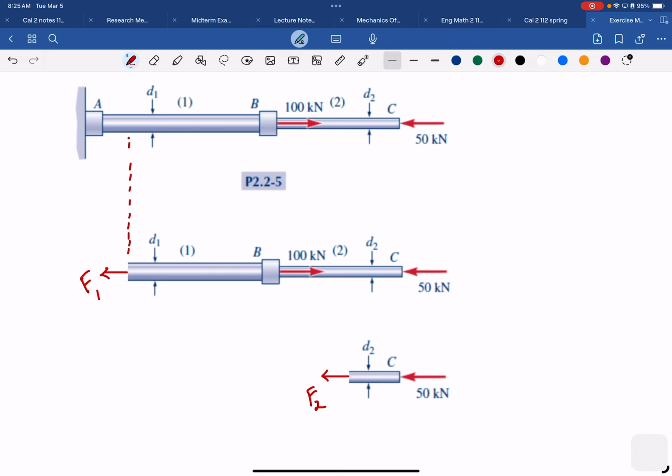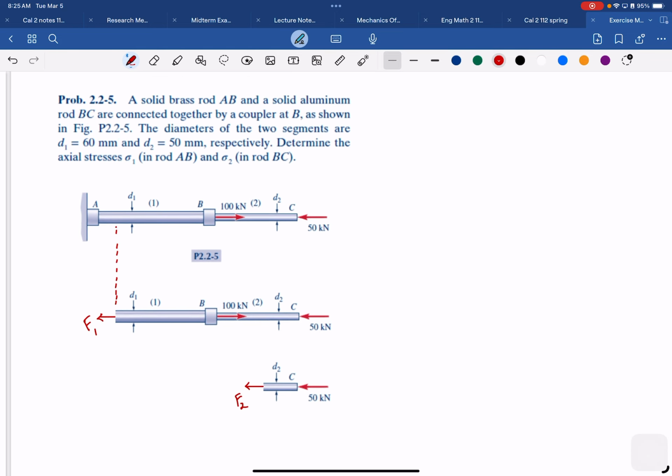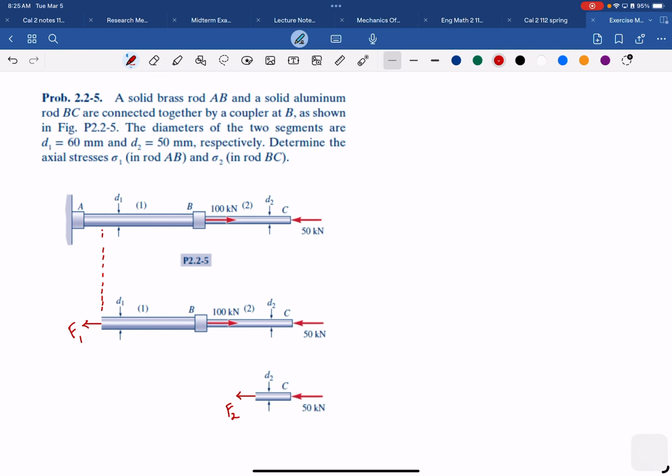Okay, now before we continue, because this is a cylinder, right? And they have different diameters. I think we can just compute the diameters for the area. So diameter 1 is 60 millimeter.